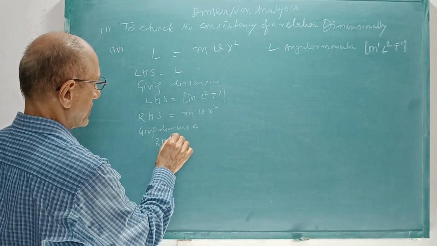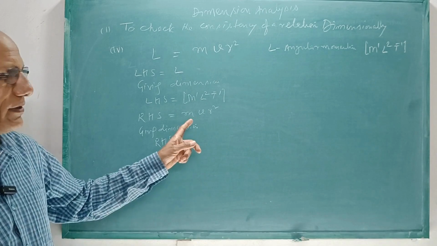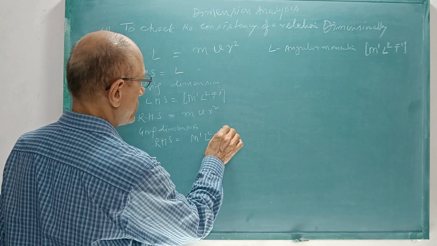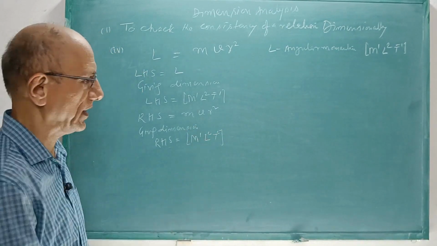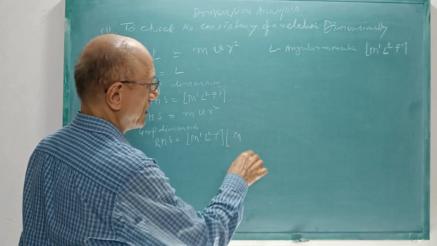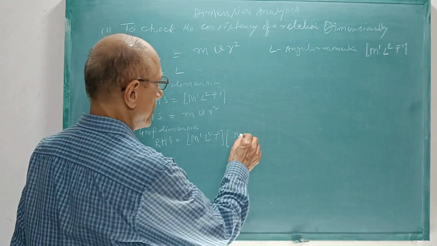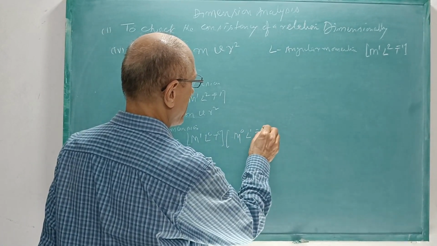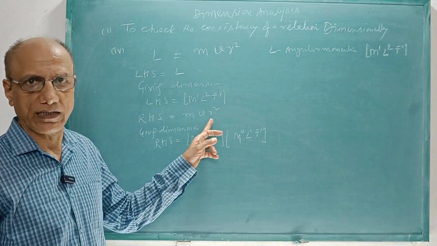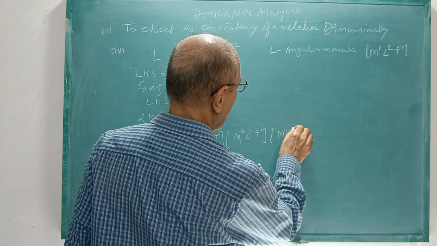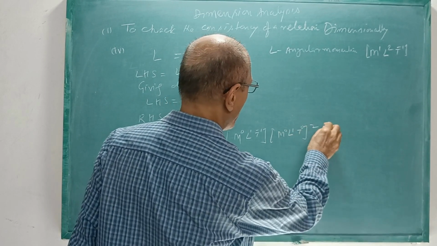This RHS will become, the dimension of mass will remain M1 L0 T0. The velocity is, what is velocity? Yes, M0 L1 T minus 1. And the radius, that is the length, so that is M0 L1 T0 whole power 2.